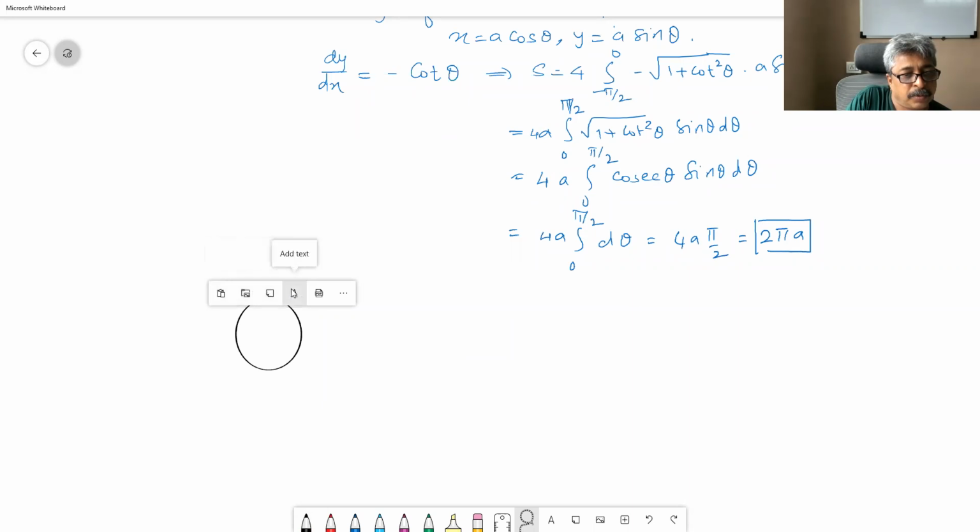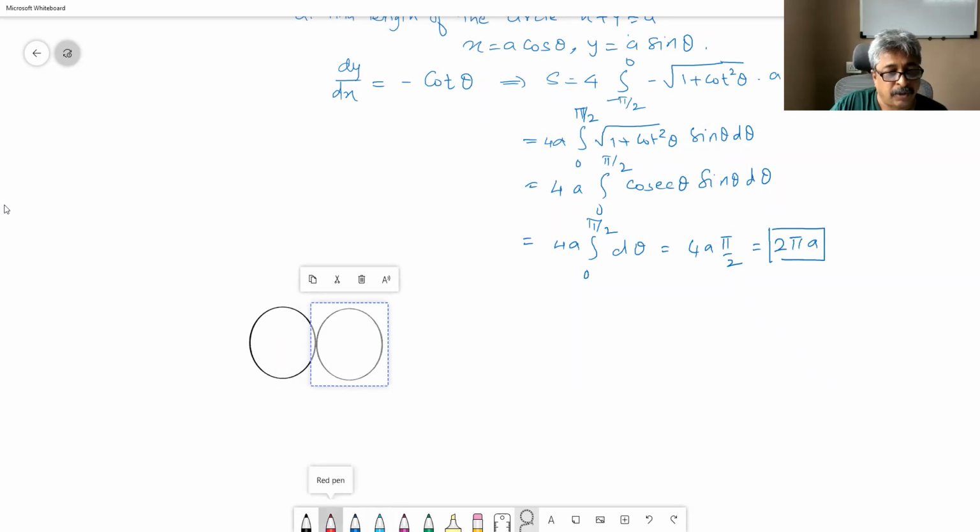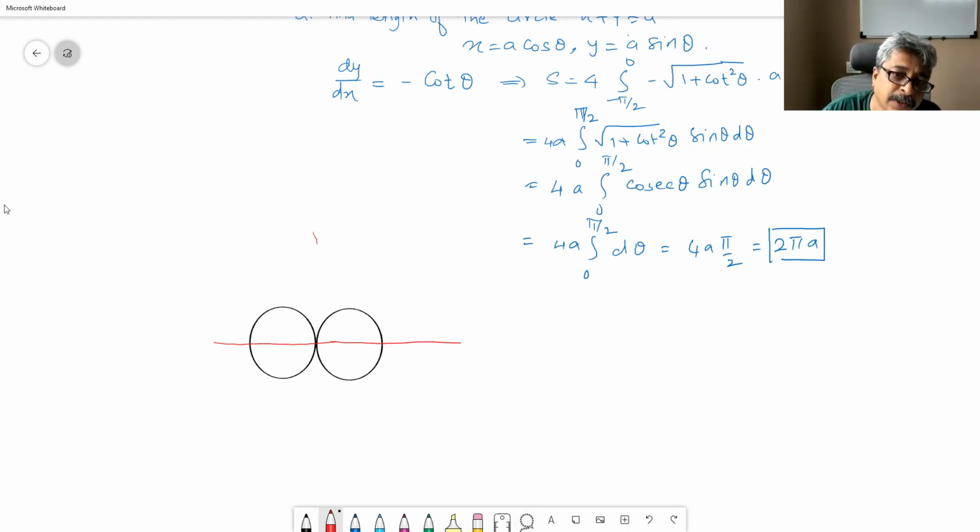Okay. I have x-axis, I have y-axis. Understand the situation first and then you can solve the problem.